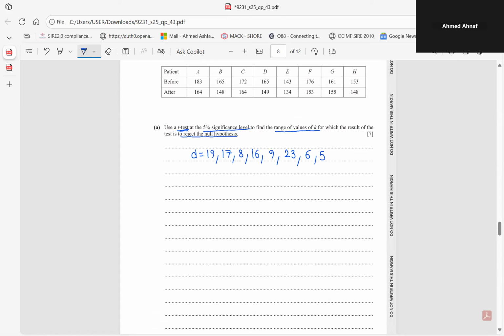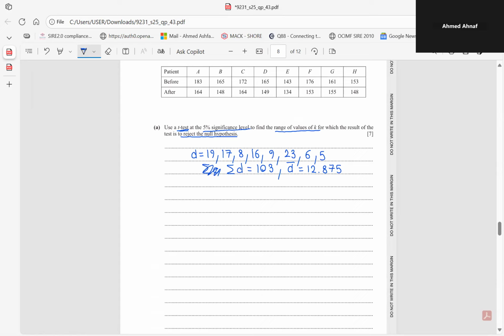Now let's find all the things that we need. So sigma D, you just add up all these values. The sample mean, D bar, that's just 103 divided by 8, you get 12.875.